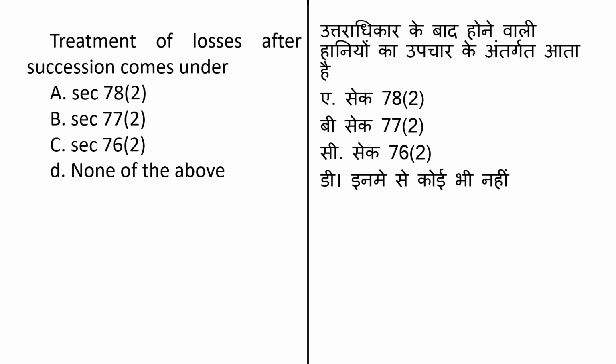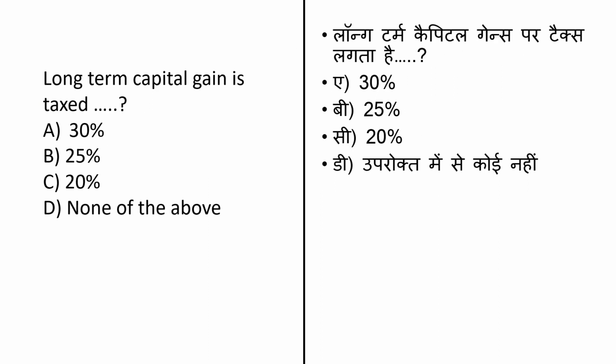Section 78 of the Income Tax Act covers set off of loss in case of a change in the constitution of the firm or a succession, as amended by the Finance Act 2020 and the Income Tax Rules 1962. That means the answer here for this question will be option number A, that is section 78 clause 2.